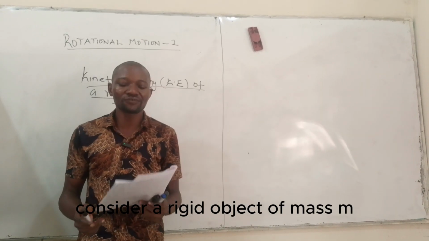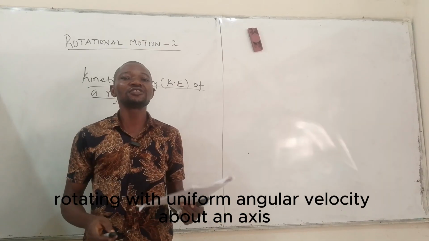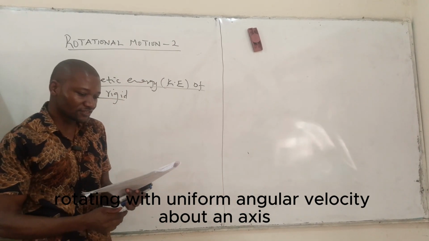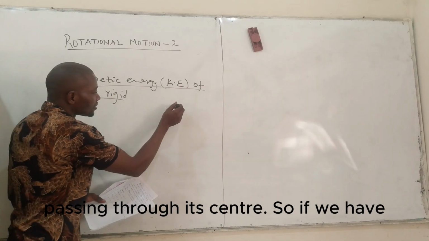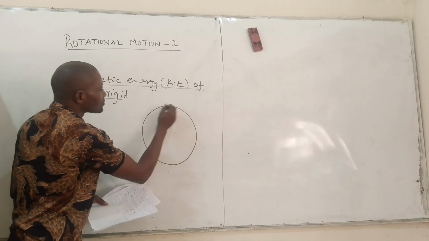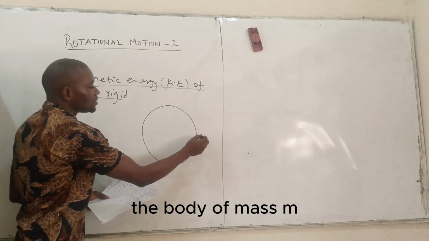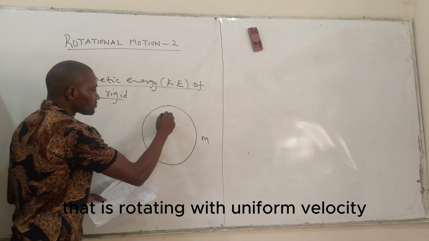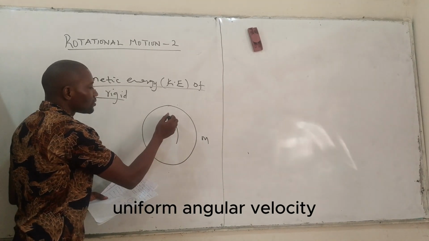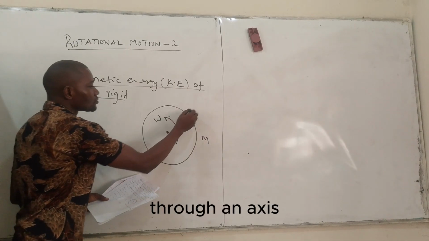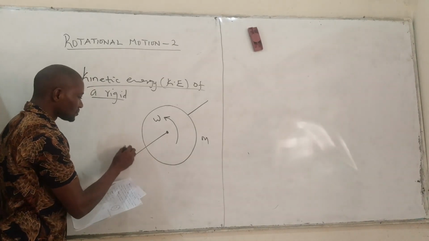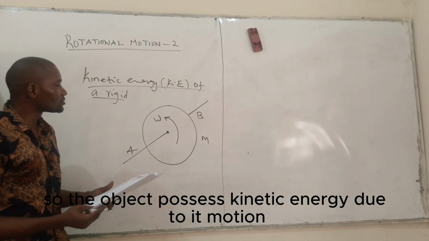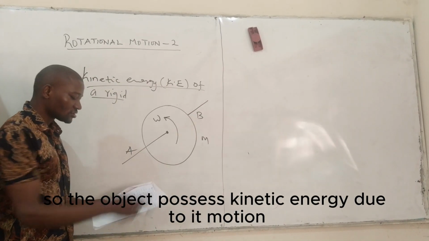Consider a rigid object of mass m rotating with uniform angular velocity about an axis passing through its center. So if we have a body of mass m that is rotating with uniform angular velocity through an axis AB, the object possesses kinetic energy due to its motion.